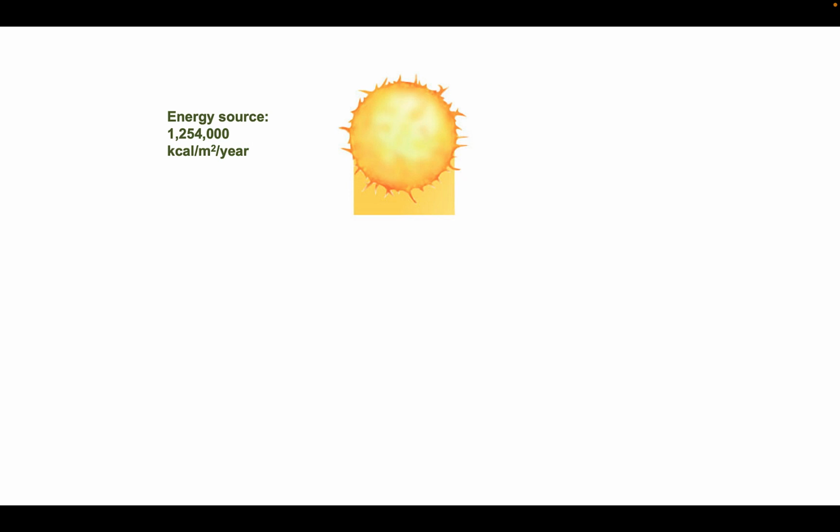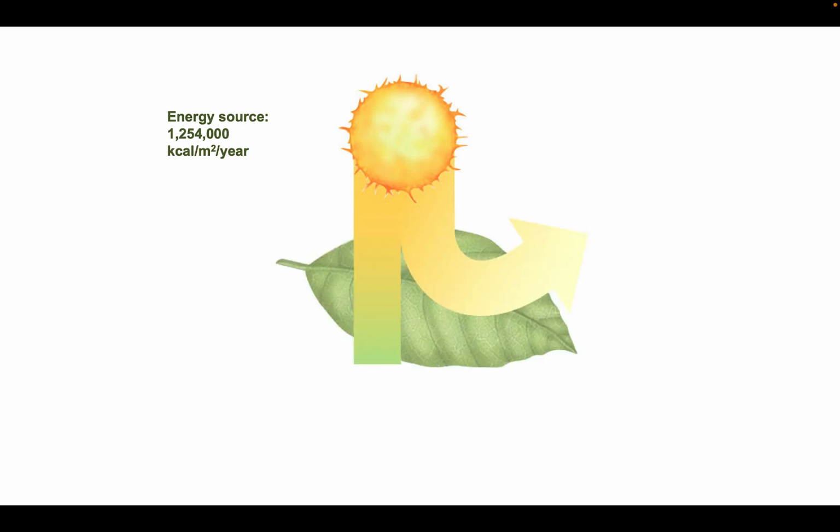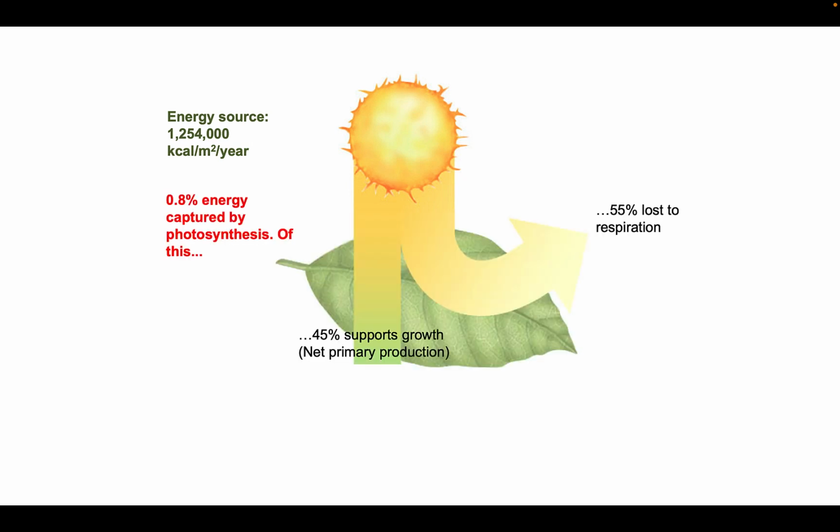So if we look at the sun, we have over 1 million kilocalories per meter squared per year. And only 0.8% of that is captured in photosynthesis by plants. 45% of that goes to primary productivity and growth, and 55% is lost to respiration.